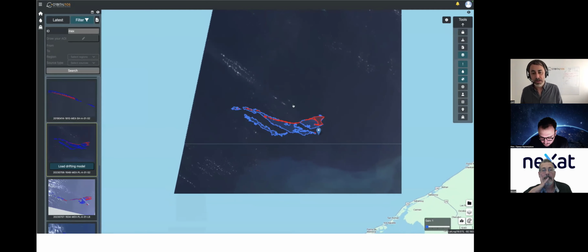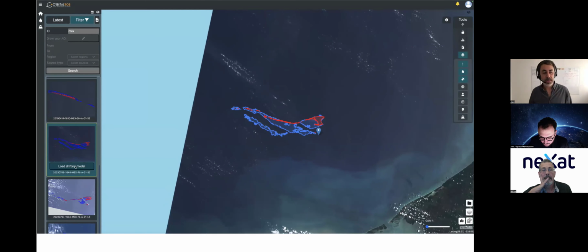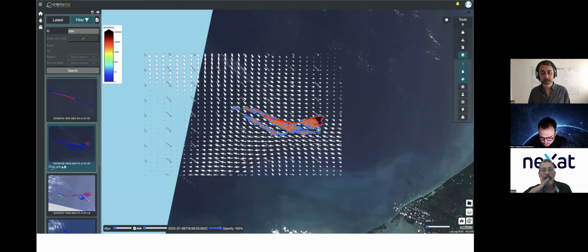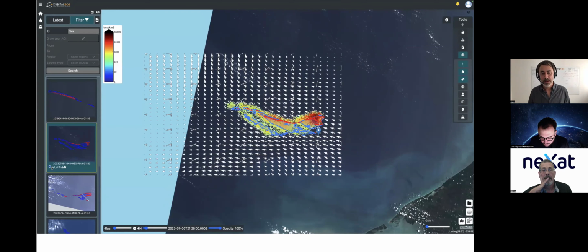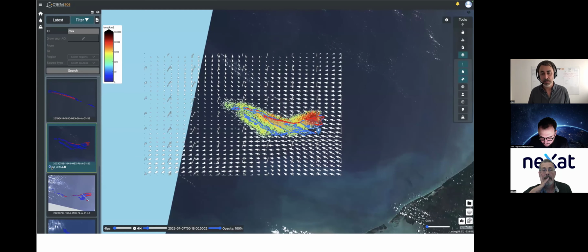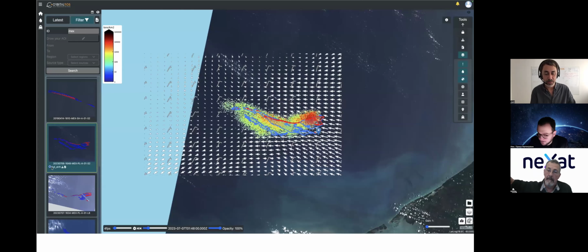Now we're going to zoom out a little bit to see how the modeling works. It's as easy as you can see. It's very easy. So all the complicated calculations have been done before, and it's fully automatic for the user to run the simulation and see the display of the simulation, how the oil is going to behave.